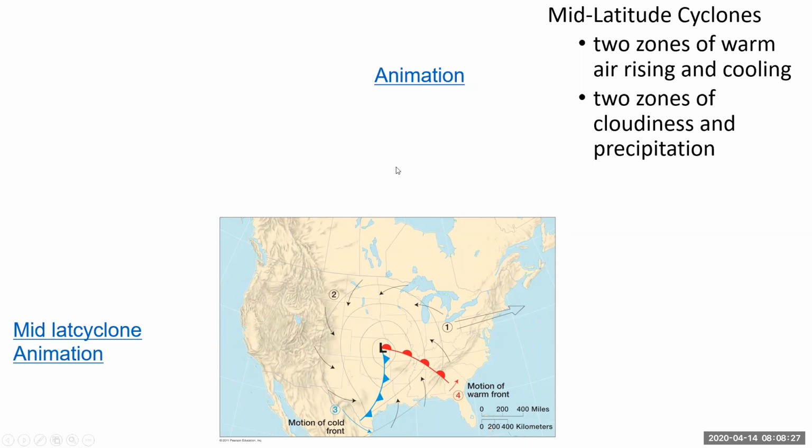Once that happens, again, we create these mid-latitude cyclones. Depending on where they are, like you can see in the picture here, they can pick up cold air from the north, and then they can pick up warm air coming from the Gulf of Mexico. When that happens, if the warm is really warm or the cold is really cold, you can create serious disturbances in the atmosphere, like tornadoes, which is what's happening, especially this time of the year.